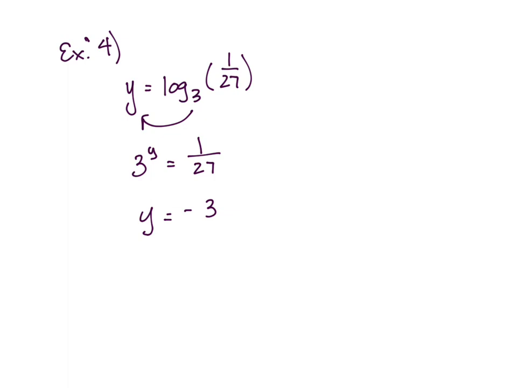Listen again. I'm raising 3 to some power. 3 squared is 9. 3 cubed is 27. But I need to make it 1/27th, which means that power has to be negative in order that it shows up in the basement.